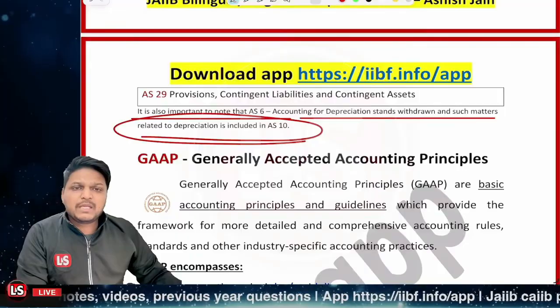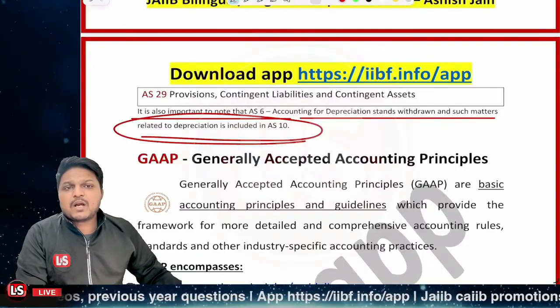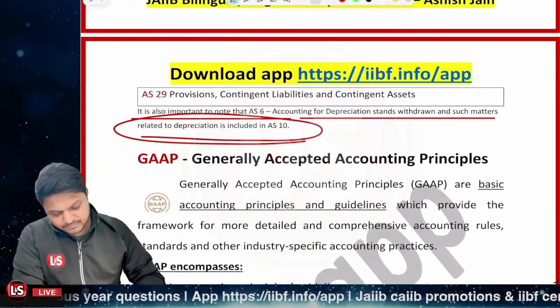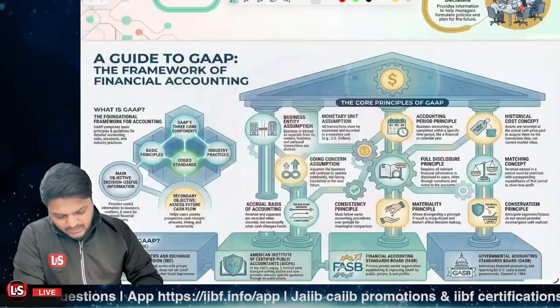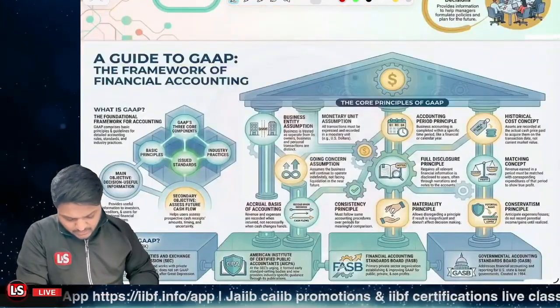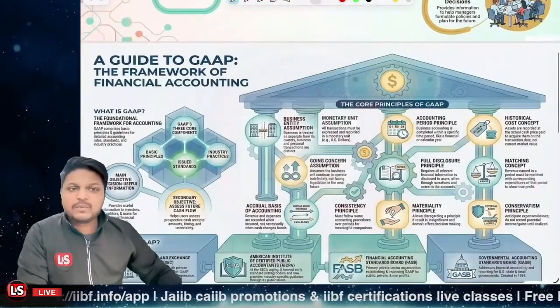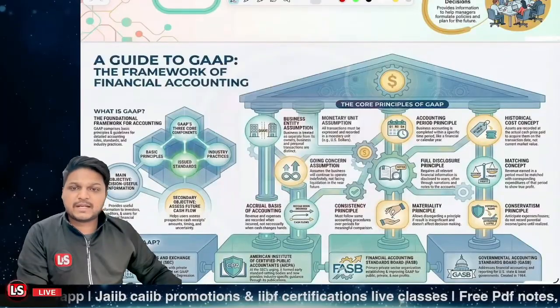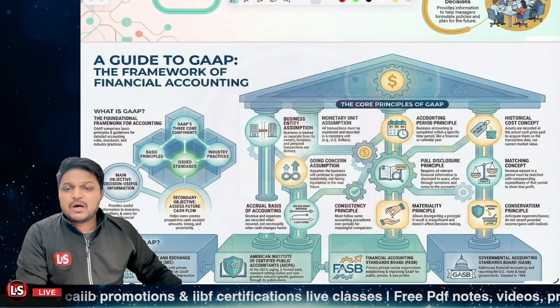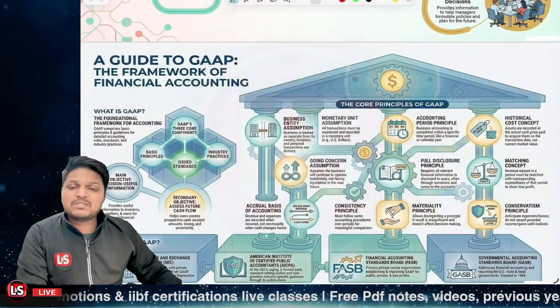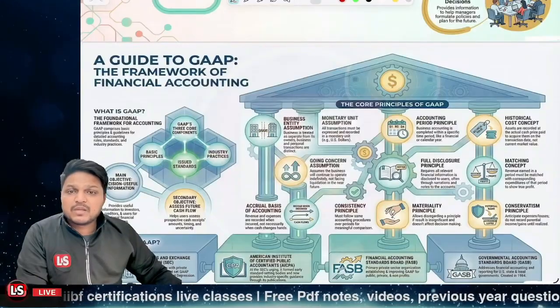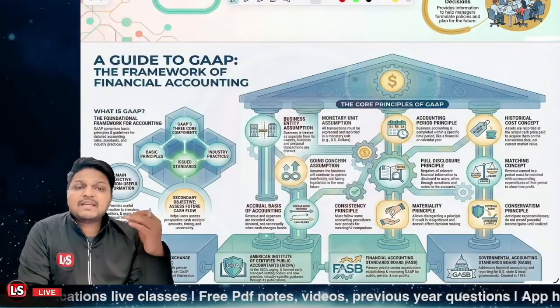Further, it's related to the GAAP. Now, what is GAAP? This is generally accepted accounting principles. GAAP is related to the generally accepted accounting principles, right? Now, how does this GAAP matter? These are the basic accounting principles.